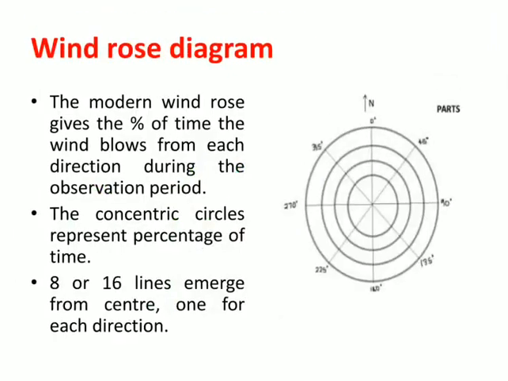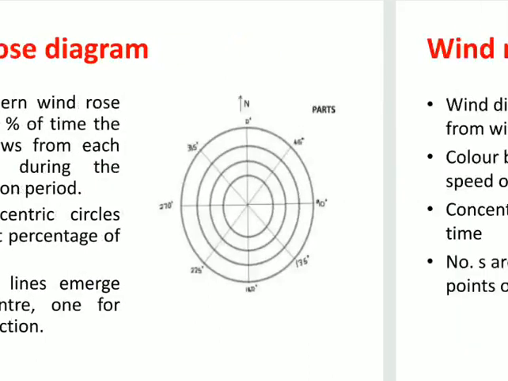Okay, the modern windrose gives the percentage of time the wind blows from each direction during the observation period. The concentric circles represent percentage of time. 8 or 16 lines emerge from the center, one for each direction. So they show direction.